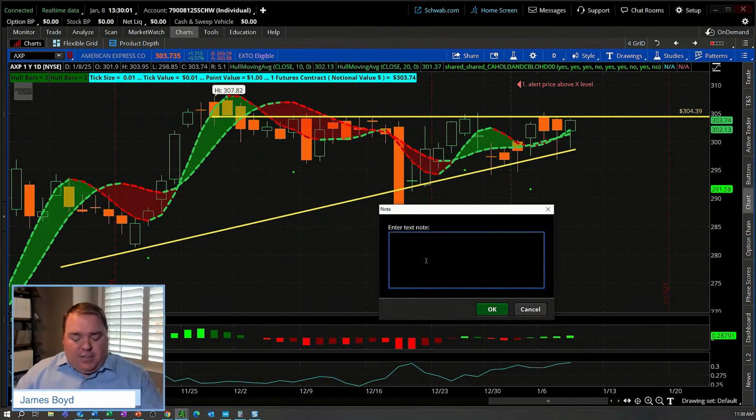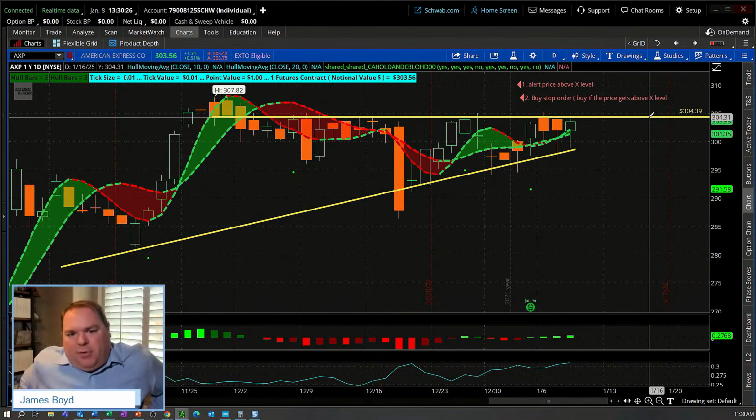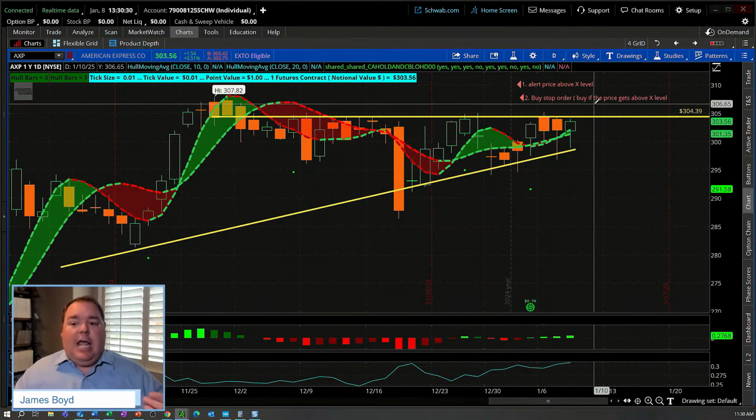Some of us like to say, if this were going to break out to the upside, a buy stop order. This is saying buy if the price gets above X level. X level is whatever you choose. If you said, James, I want the platform to buy the stock if we get above 304.39, then if it gets above 304.39, it buys it.